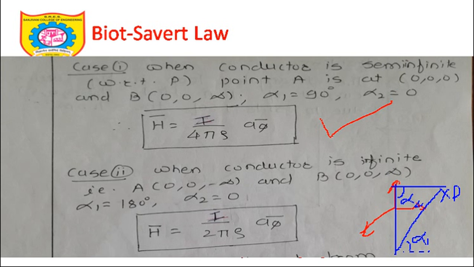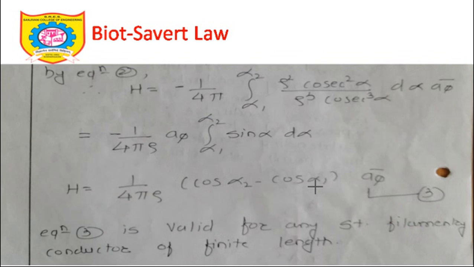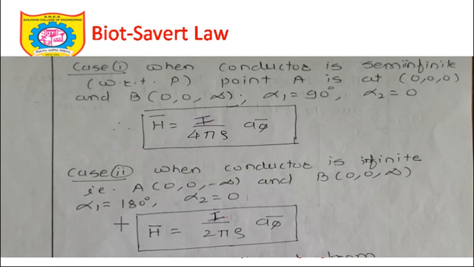If I put alpha 1 equal to 180 degrees, cos 180, you already know, is minus 1, minus of minus 1 is plus 1, cos alpha 2 is 0, so 1 plus 1 is 2, so 2 gets cancelled with this 4, so I upon 4 pi rho A phi bar. So this is H bar for infinite current distribution.